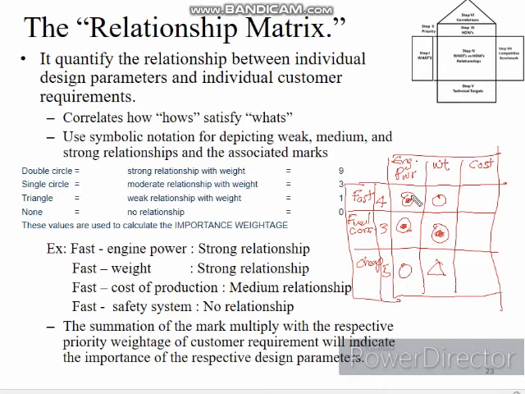The strong relationship is 9, and the moderate relationship is 3 in terms of mark. Once it's done, the summation of the marks multiplied with the respective priority weightage of the customer requirement will indicate the importance of the respective design parameter.